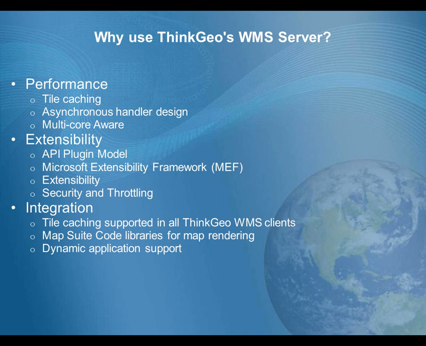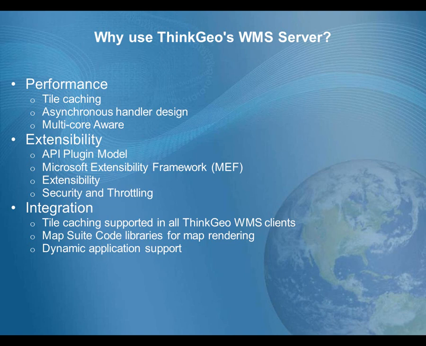You can use our styles, class break styles, value styles, etc. So you have all of that power. And another reason that's important is that if you already have an application and you want to move that application's rendering to our WMS server, it's pretty much just cut and paste all your old rendering logic and move it into the WMS plugin, and you're pretty much done.